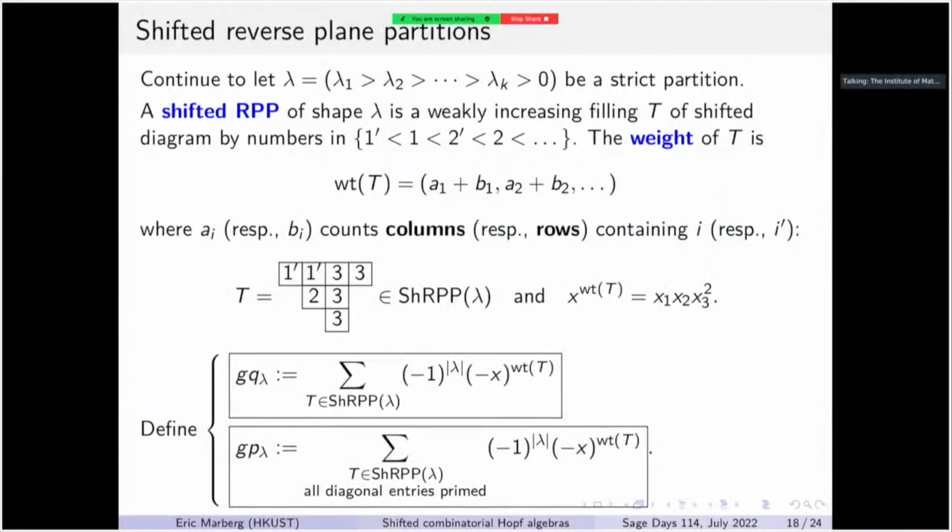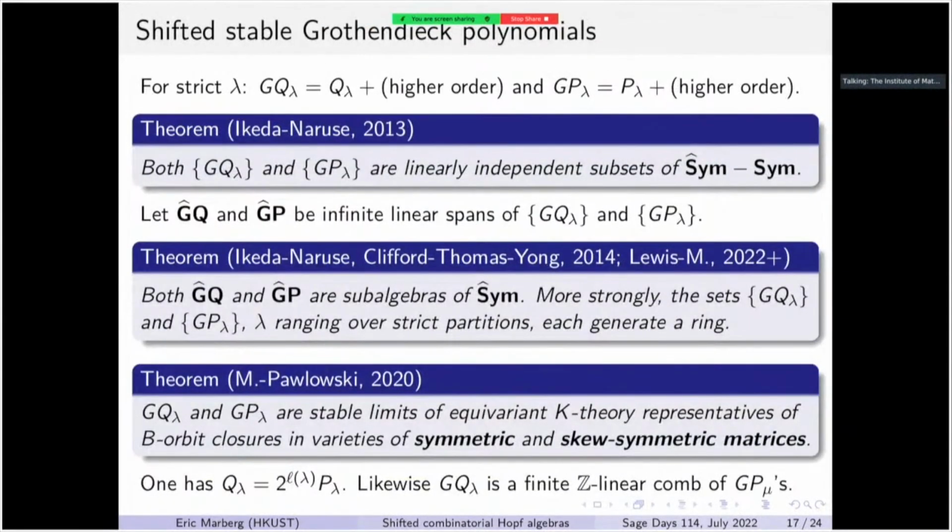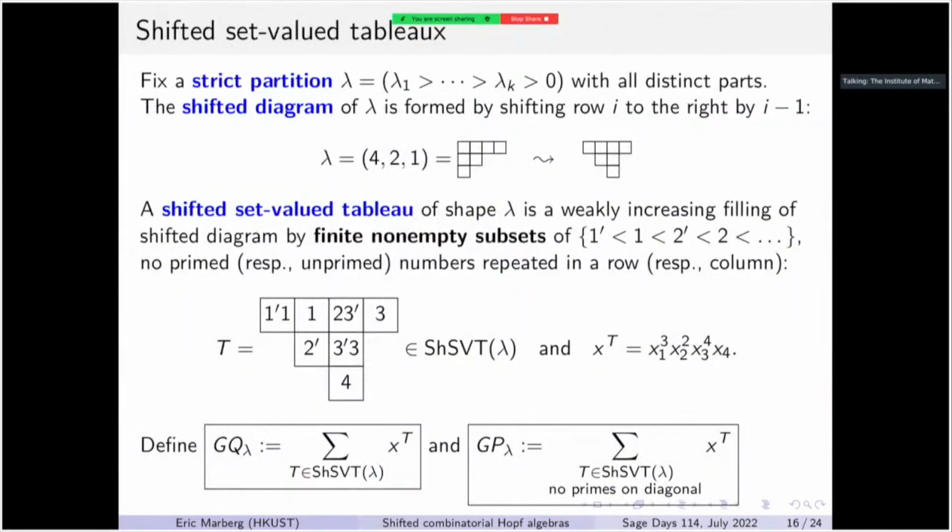The next question is, why have you defined shifted set-valued tableaux the way you have? Is it something that comes naturally from the definition of set-valued tableaux? The definition comes from the work of Ikeda and Naruse. They defined these functions in a geometric context, talking about K-theory, and then proved a theorem giving this explicit set-valued formula.